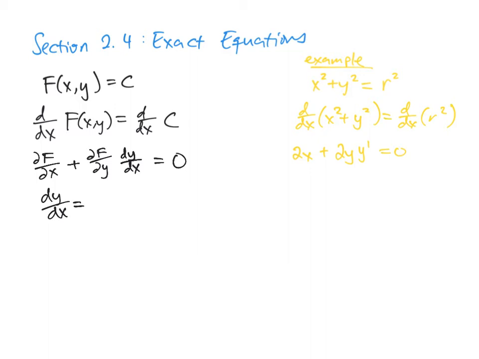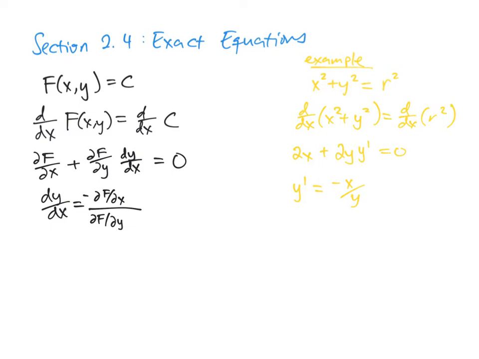That's going to be negative our partial of f with respect to x divided by our partial of f with respect to y. We see the same thing on the right-hand side. We're looking for y prime by itself. So the 2's cancel and we get negative x over y.